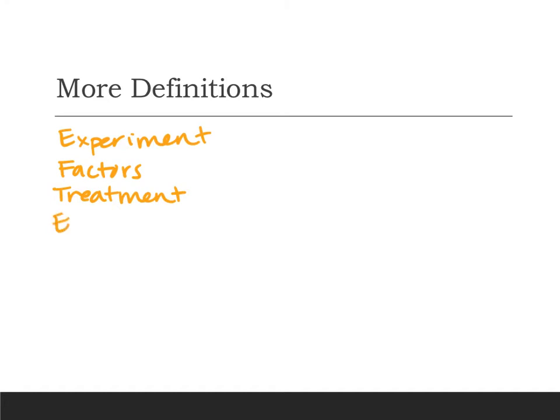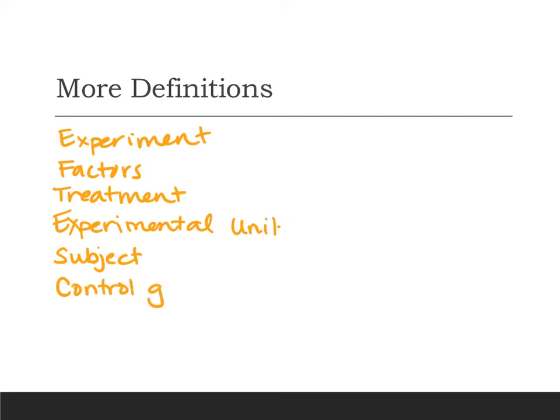Experimental unit, subject, control group, knowing what a placebo is, and then the idea of blinding. And of course there's single blind and double blind.